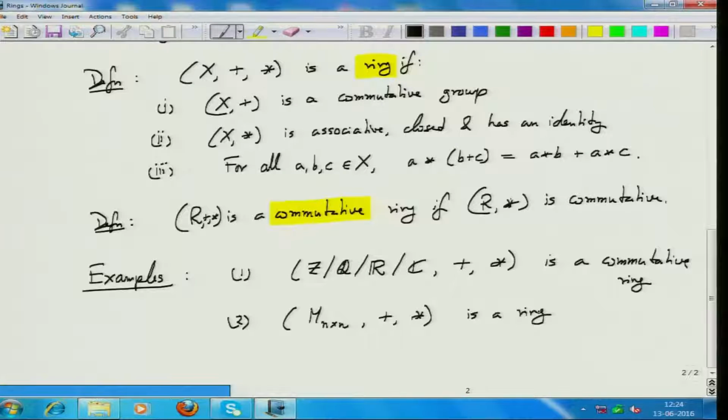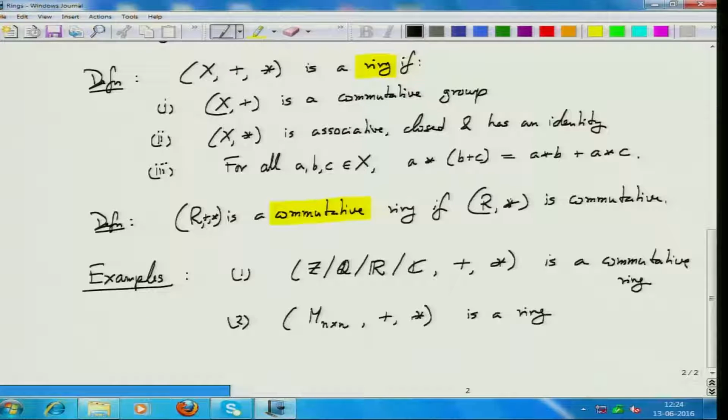It is not necessarily a commutative ring, because under multiplication not all matrices commute. Okay, so that's a general ring.